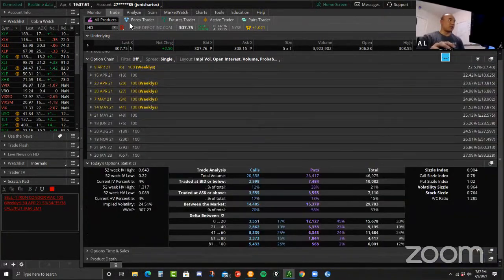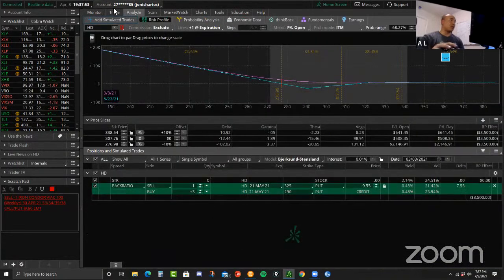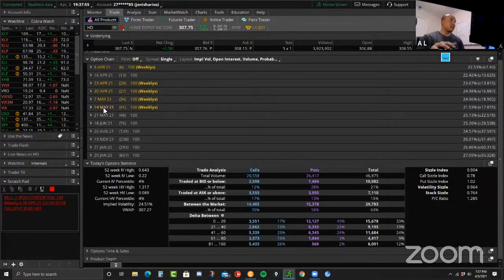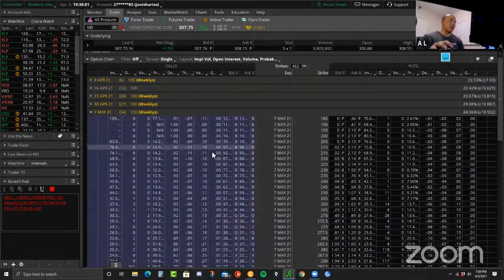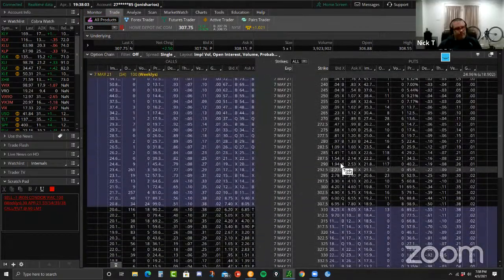If you're out here, where do we put that trade? 21 May, you can actually get at least 30 days out from expiration. So 7 May, for example, because that's when you would want to close out the spread.